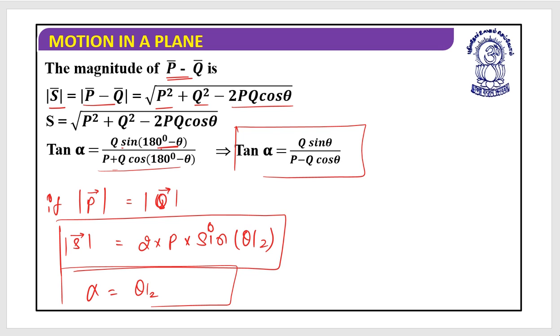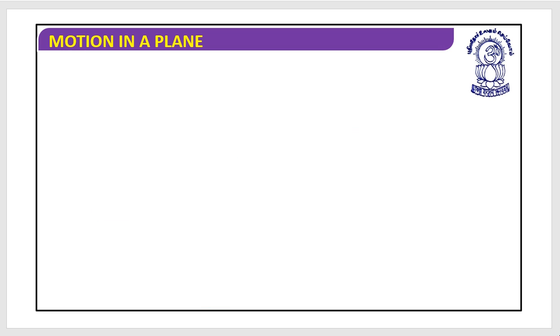So shall we perform certain numericals based on this? Let's move ahead and do the questions. Have your pen and paper and do this, please. Suppose vector p is there, having a force of 4 newton.